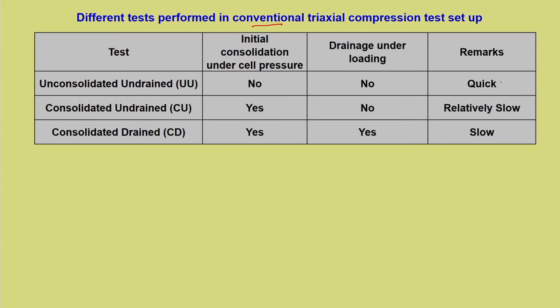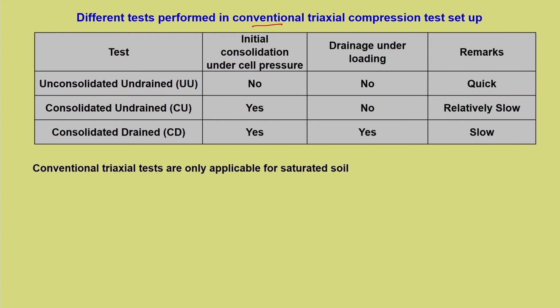Accordingly, the first test is very quick because there is nothing to do but mount the sample, saturate and then load it, and hence failure happens relatively faster. CU is relatively slow, whereas CD is extremely slow. Why this is quick, relatively slow and slow, we will come to know a bit later as we discuss these tests.